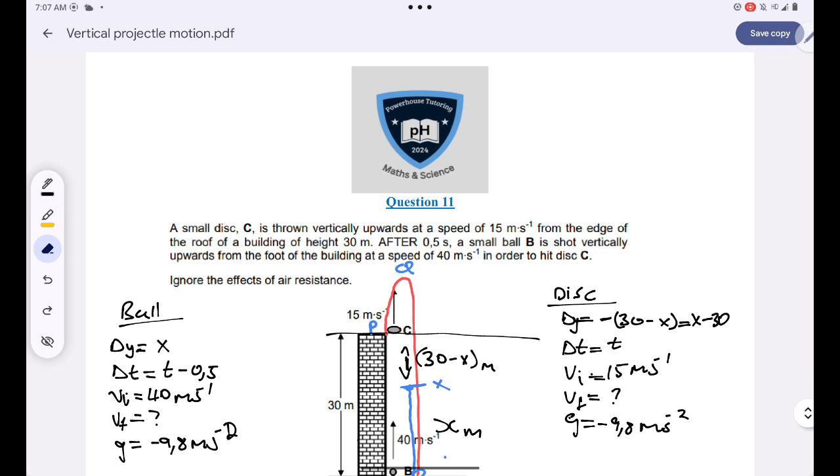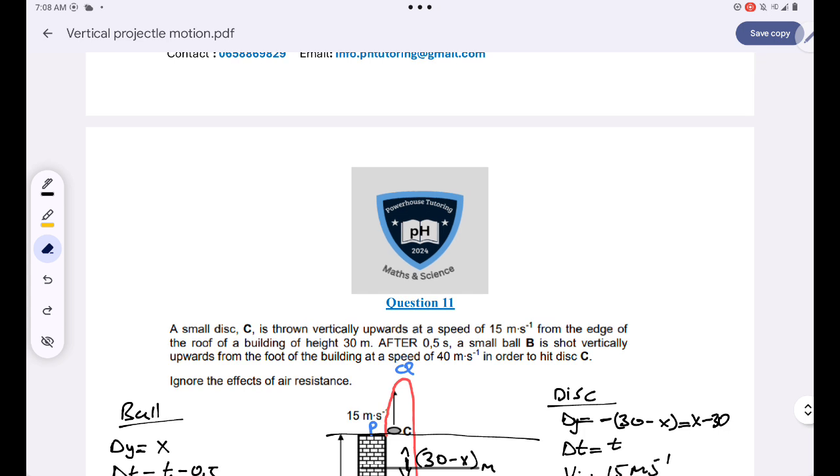Why? I don't know the final velocities of the ball and the disk, so I'll refrain from using anything that has a final velocity. So I have delta y equals vi delta t plus 1 over 2g delta t squared.